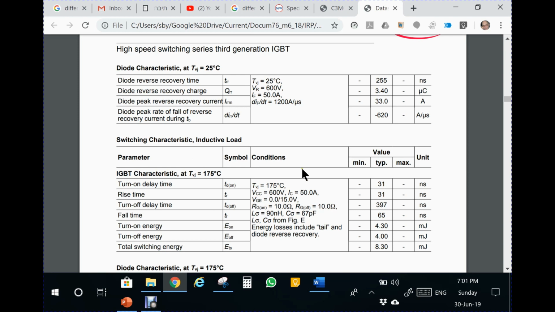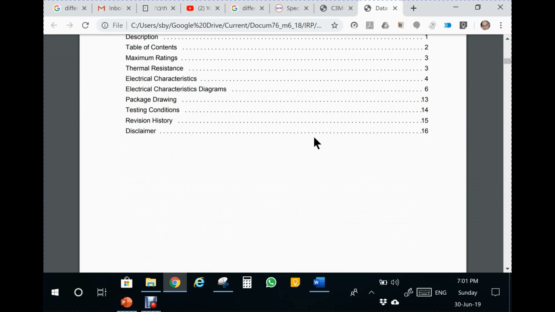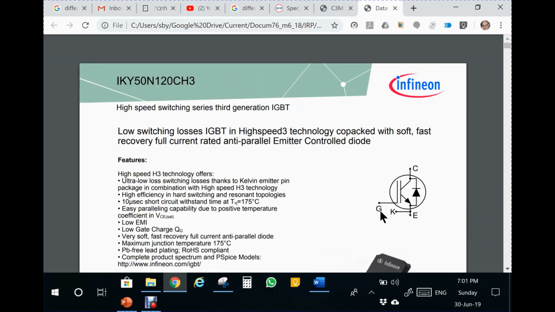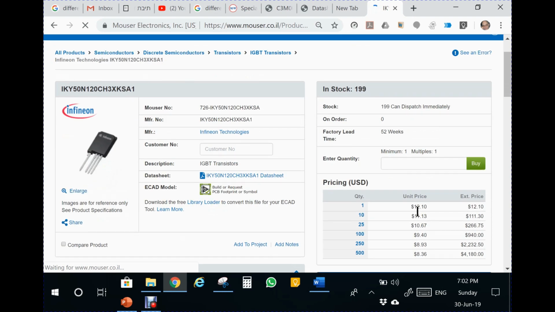But of course there is the cost issue, and if I look up now, say looking at one of the distributors, we see that the unit price is $12 for a unit. Obviously there's a drop, but let's take as a reference the price of quantity of 1.